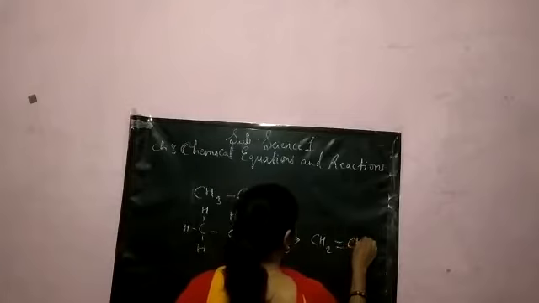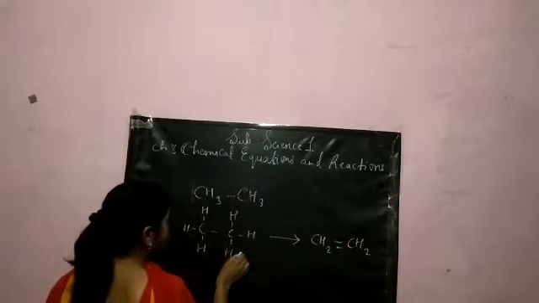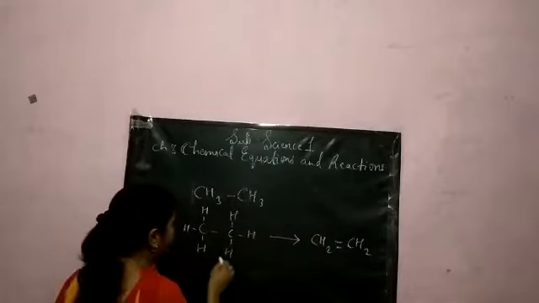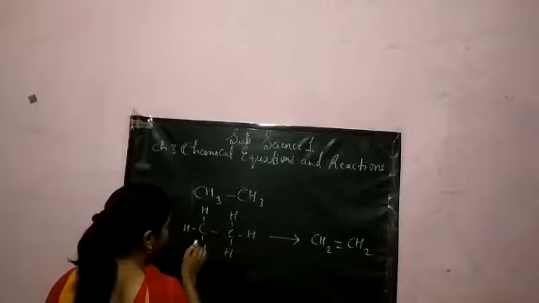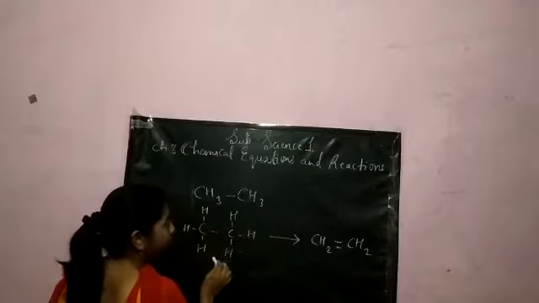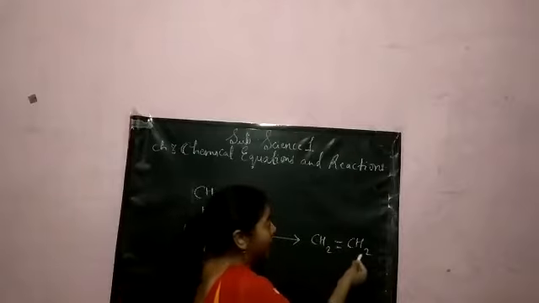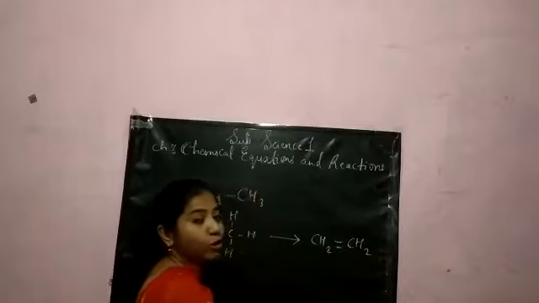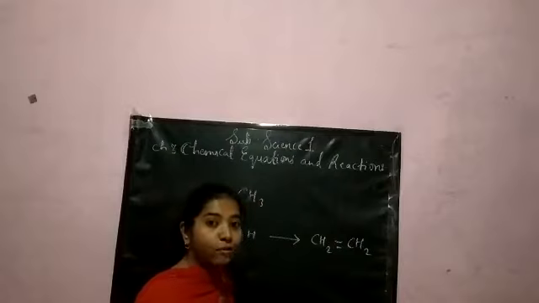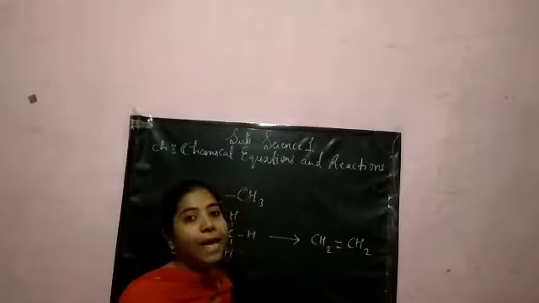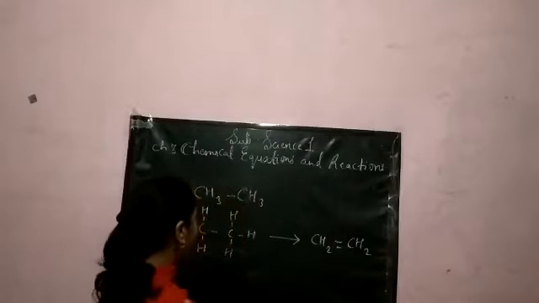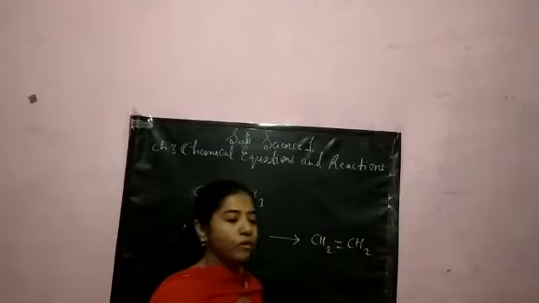A double bond will be created because any two hydrogen atoms might have been removed. Let's take for example this hydrogen atoms might have been removed from ethane and then it resulted in the formation of ethene. Ethene is an alkene. So whenever hydrogen is removed, then also we can say that it is an oxidation. So we can say that this is also an example of oxidation reaction.